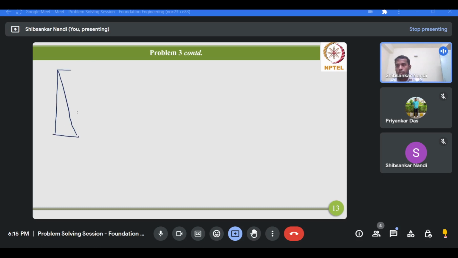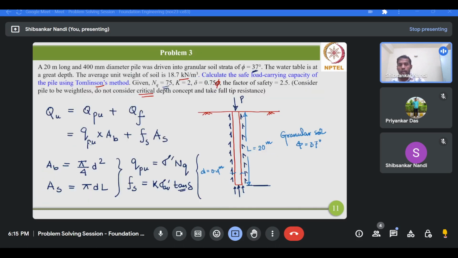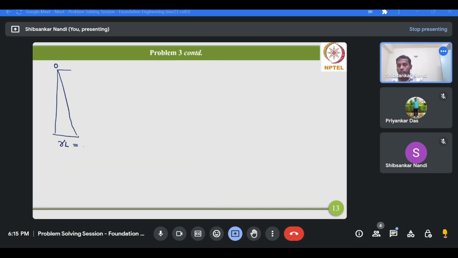It will start from a value of 0 at the ground surface and go to a value of gamma times L. Now what is the value of gamma? Gamma is given as 18.7 kilonewton per meter cube, and the pile length is 20. So 18.7 multiplied by 20 will give you 374 kilonewton per meter square effective vertical stress at the pile tip.